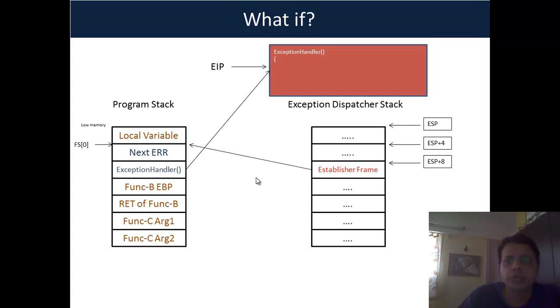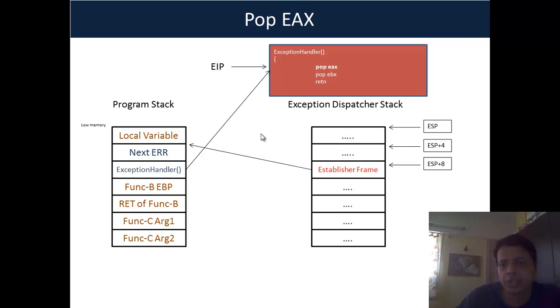Now here comes how we can exploit an SEH condition. Let's assume that the exception handler has 3 lines of assembly code: pop EAX, pop EBX, return. What would happen when EIP executes the first instruction, pop EAX?